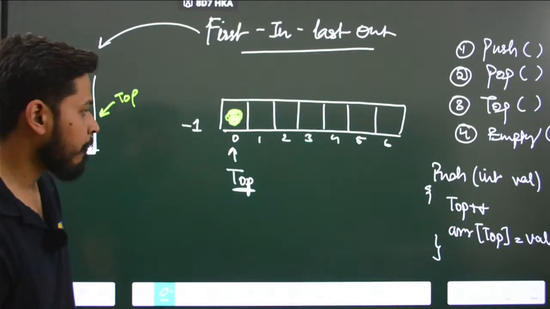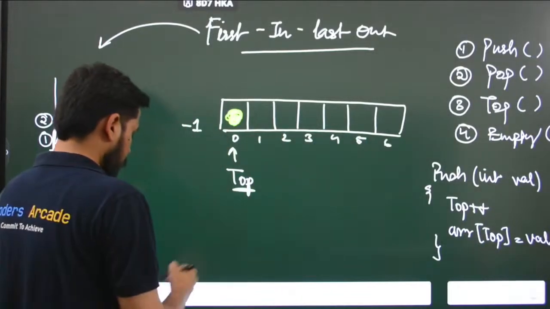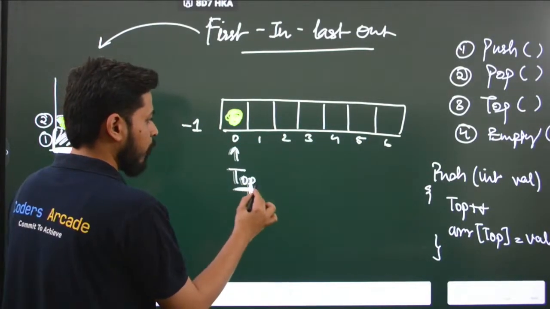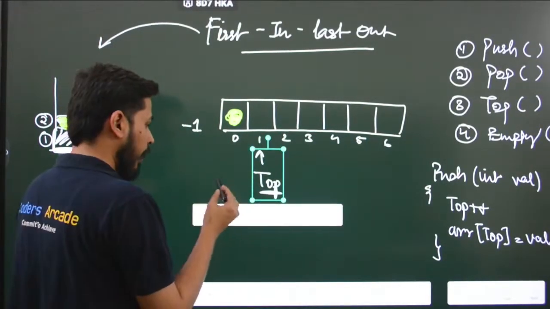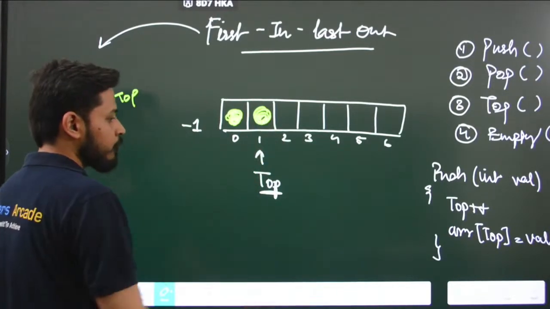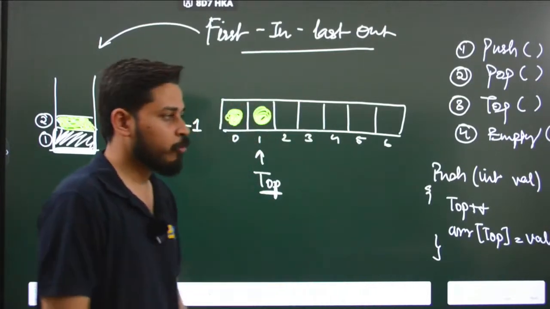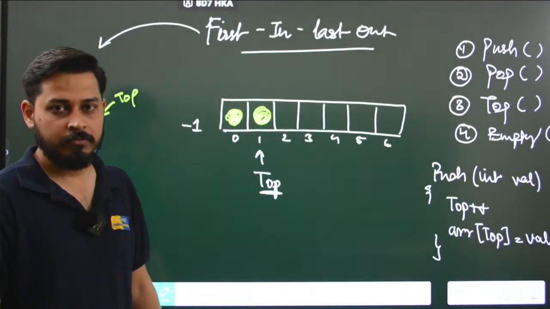You got my point? Again, if I want to push, again I will say top plus plus and ARR of top equals val. That is the push logic that we have done.